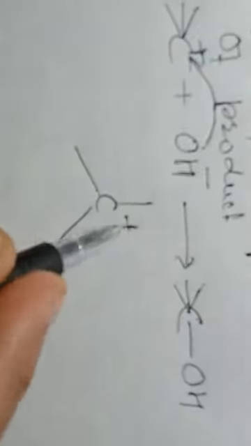So in SN1 mechanism, this carbonium ion is formed as an intermediate, and you know that carbonium ion has a trigonal planar structure.